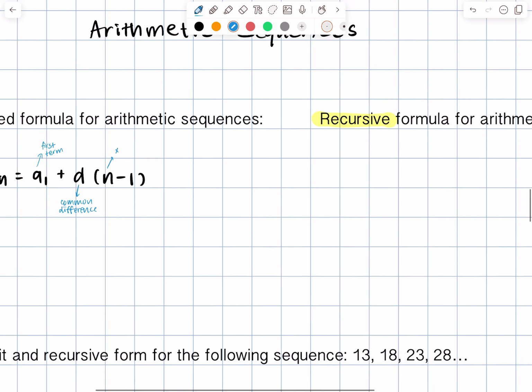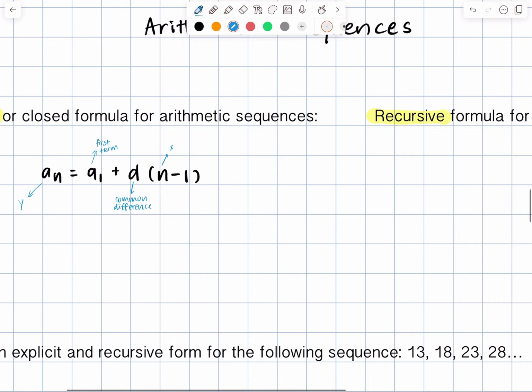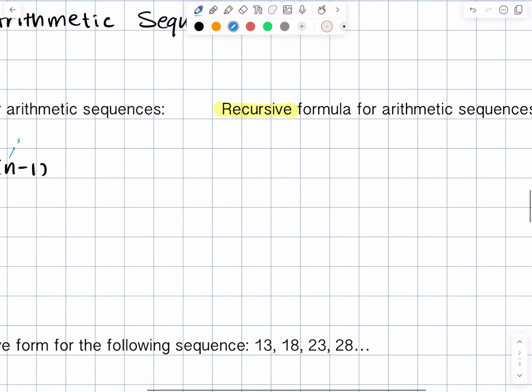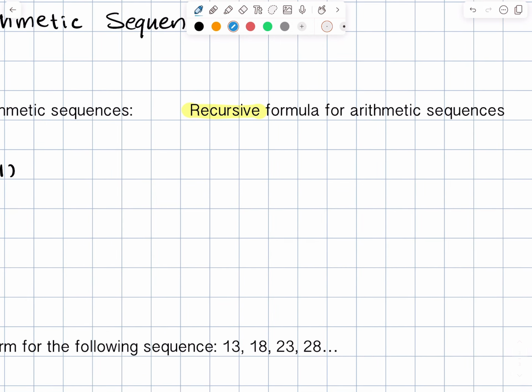Let's go ahead and write the recursive formula, and then I'll talk through how we would put a sequence into it. So recursive, you have two parts. You have a sub 1 equals, and that's your first part. Pretty straightforward. You're just writing down the first term.